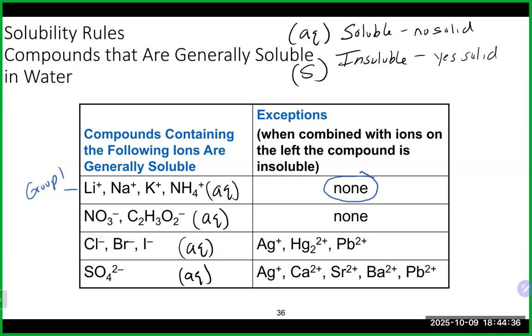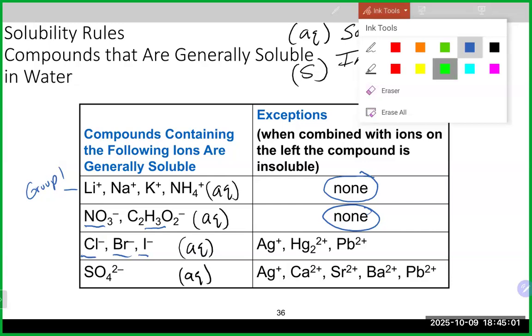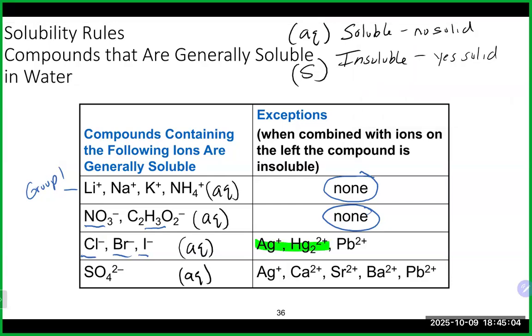If you have anything that is nitrate in it or acetate, there also is no exceptions on that. So if you see nitrate in a formula, you see acetate in a formula, you could give it the aqueous symbol. It's going to be basically a solution. If you have chloride, bromide, or iodide in a formula, it is going to be soluble. The difference, though, here is when we go to the right-hand side, there are some exceptions, and there are actually 3 exceptions.